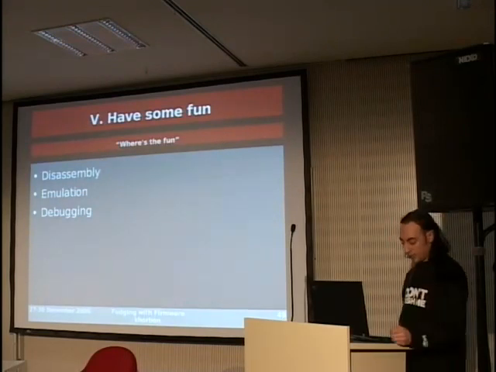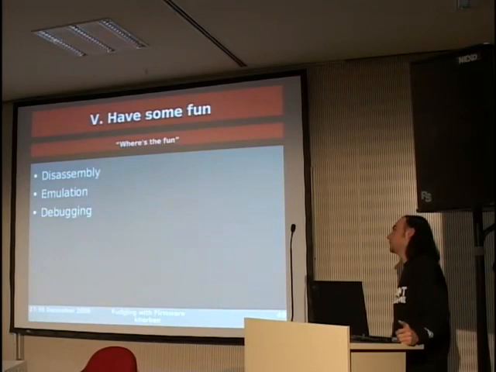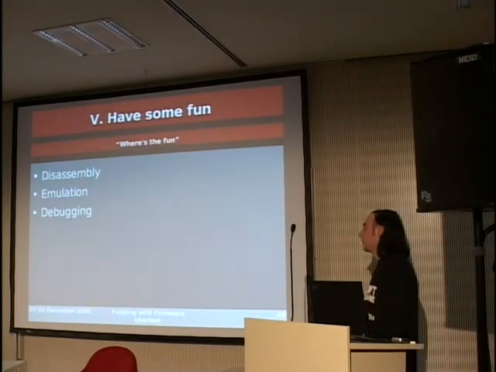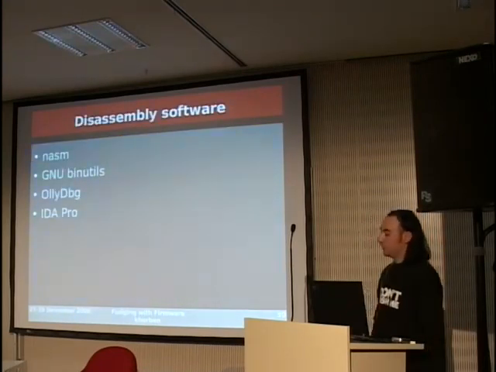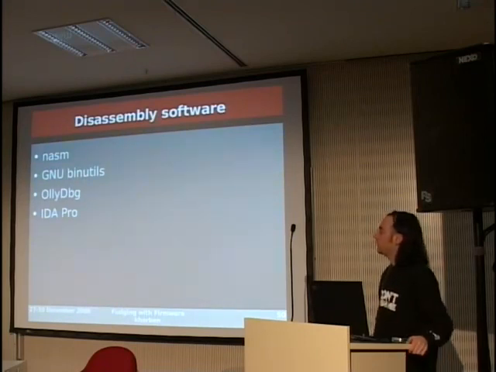And now for the last part, we'll talk a bit about disassembly and how to emulate the images we just uncovered, and why not debug them. Disassembly software: I would recommend using NASM for x86 or the GNU binutils for the rest.